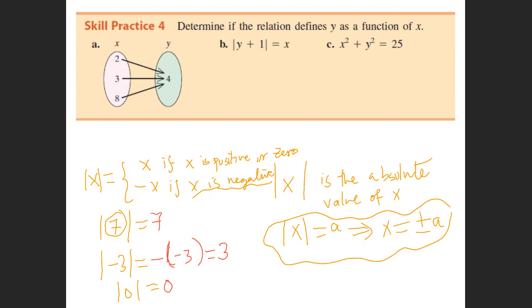For example, if I solve the absolute value of x plus 1 equals 5, I would say x plus 1 equals plus or minus 5. So x will have two results. Of course, after you move this one to this side, x will be either 5 minus 1 or minus 5 minus 1. So x is 4 or x is minus 6.